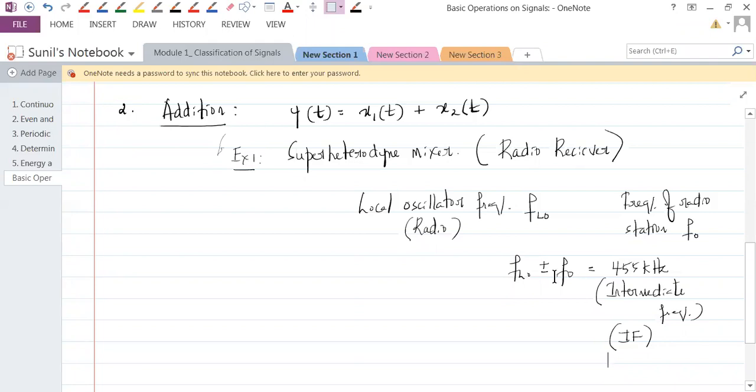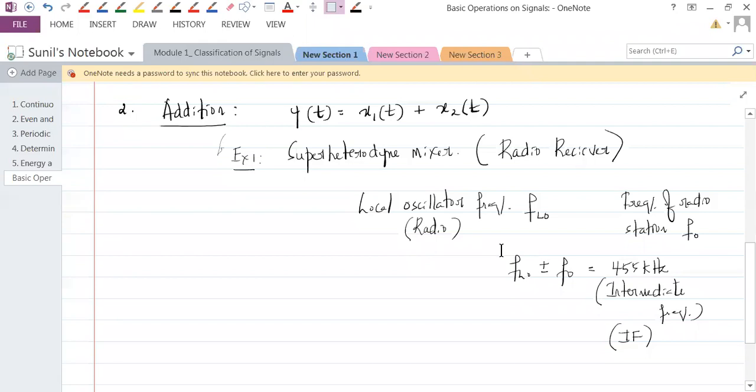So when you're tuning, you will get that noise when it is not properly tuned. That means the mixture is still not giving you the 455 kilohertz. When the plus or minus of these two is 455, then you have tuned to a station properly. So this is one example of the super heterodyne mixer.